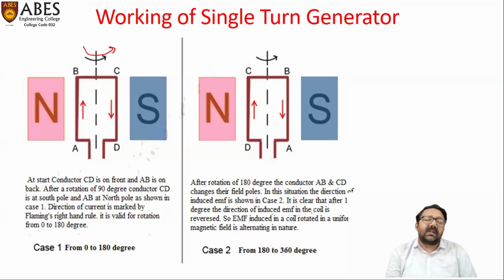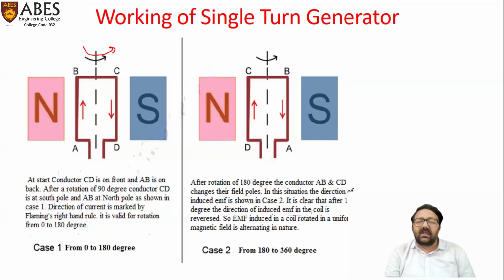After 180 degrees, what happens? The conductors will again come into this situation where both are held in this position. The only difference is that now the AB and CD faces have interchanged their positions. Now on the front side is the AB face and on the backward side is the CD face.